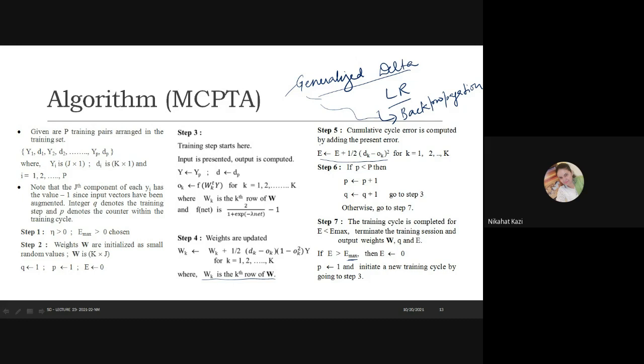Because the kind of patterns that we are trying to solve, the problems that we are trying to solve, are not linearly separable. So when the patterns are not linearly separable, then you need a multi-layered perceptron network.